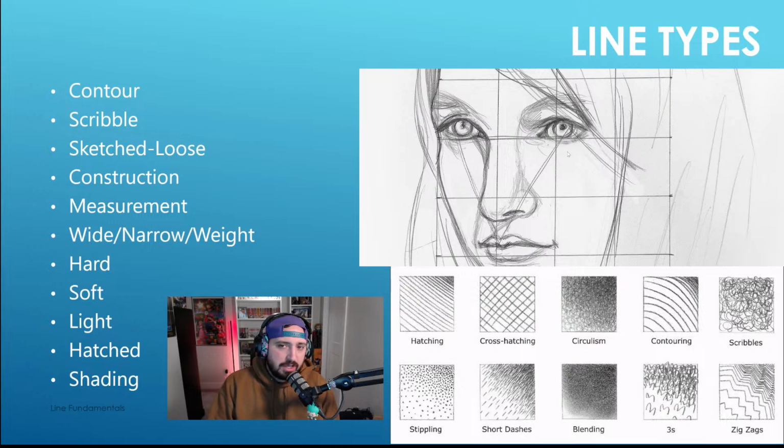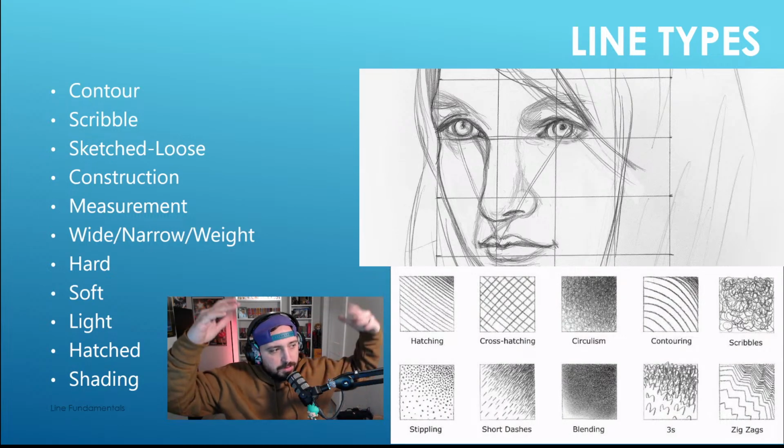You have construction lines, which make up the bones or the structure of the thing you're trying to draw, right? You're using them for measurement and construction. You see it a lot. People will draw things like this in order to place a nose, a mouth, and an eye on a face. Or if they're drawing a building, they create scale lines in order to make it make sense with people, foliage, buildings, right?